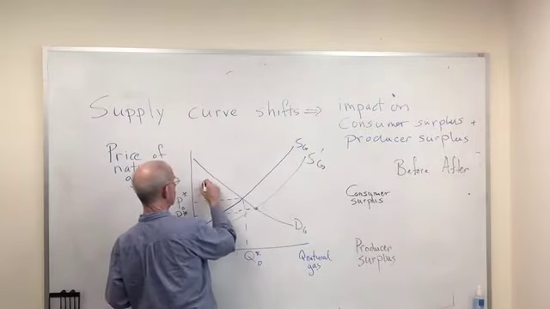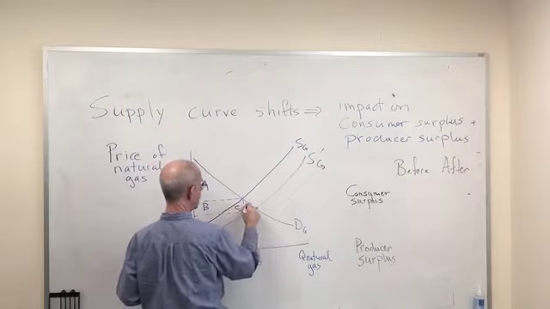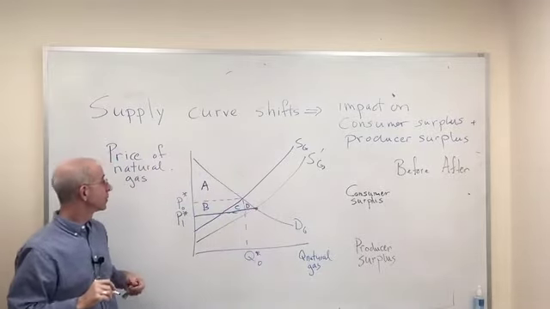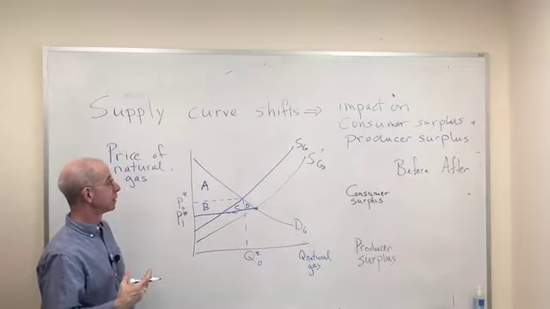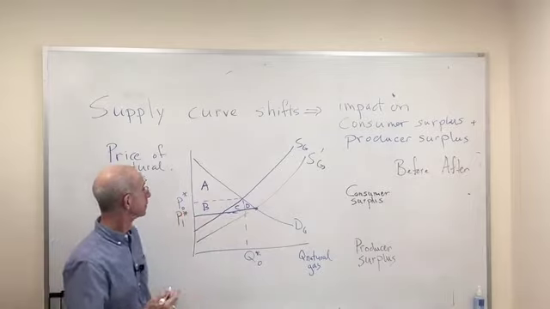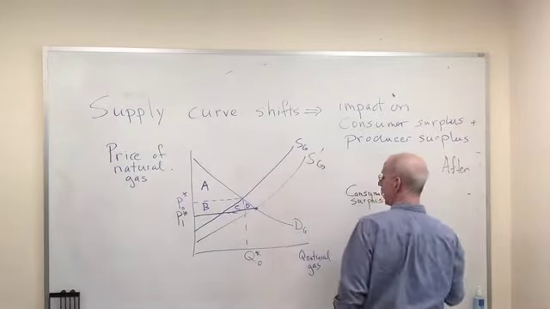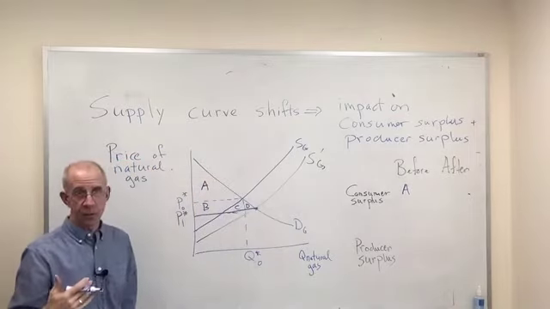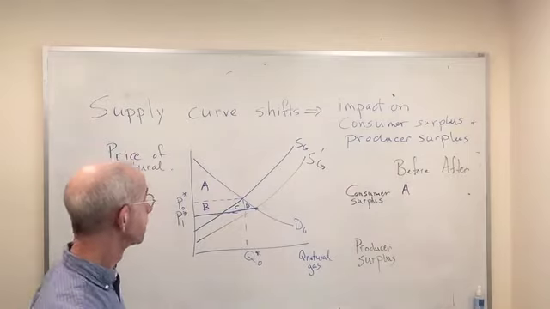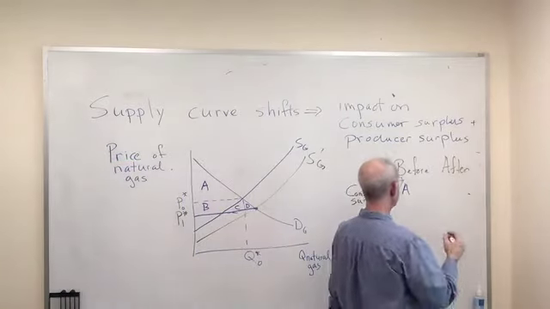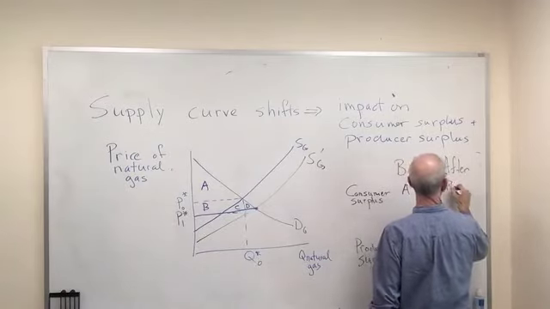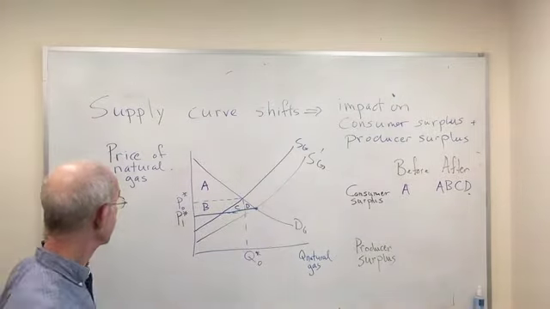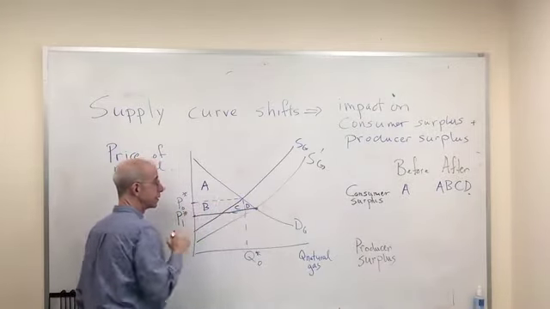Let's draw in some letters. Consumer surplus before the technological change was area A. So they received these consumer benefits, the difference between what they were willing to pay and what they had to pay, equal to A. After the shift, they have A, B, C, D. There is an improvement in consumer surplus equal to the difference in the price over to the demand curve.